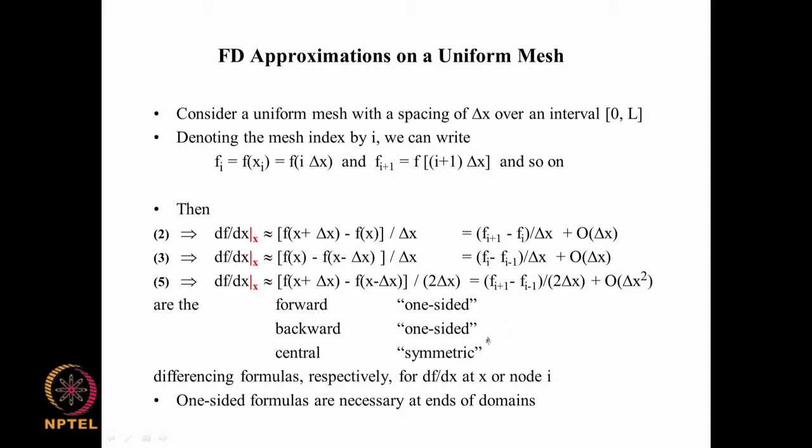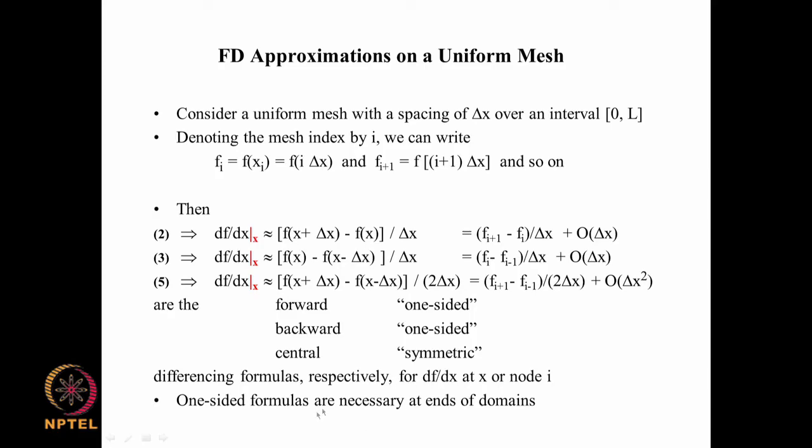If there is no point to the right of this point x or node I, then we cannot make use of the forward differencing. Similarly, at the left edge of a boundary here, we cannot make use of a point which is outside this computational domain. So at the edges, we would like to have one-sided differencing, and in the center we would like to have central differencing.